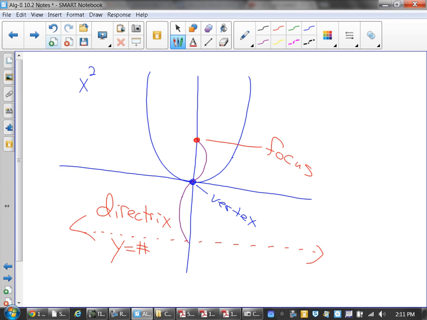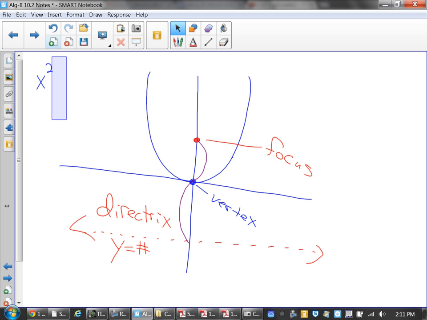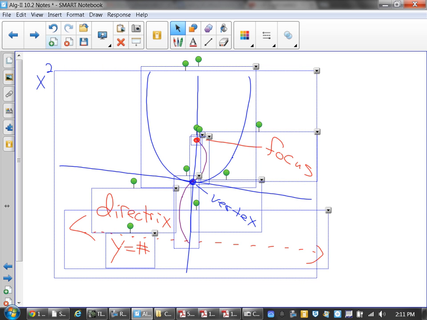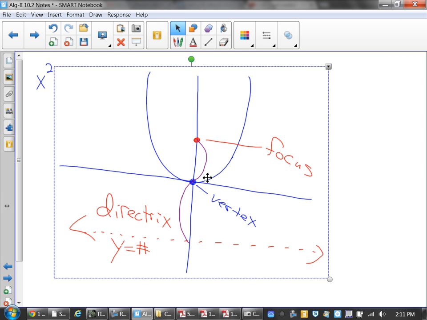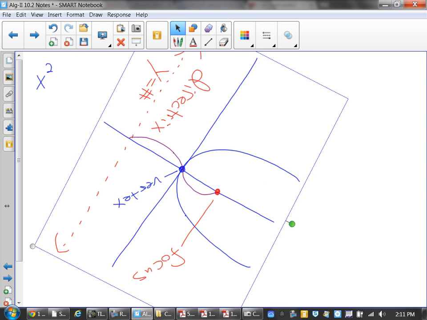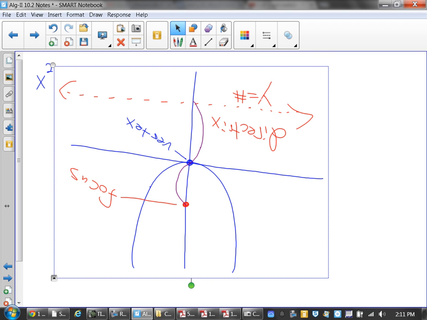And this is where we start to bring in some other terminology. Now, what I want to show you is that all of this information is the exact same if it's down like a frown. The focus is still there, the directrix is still there.